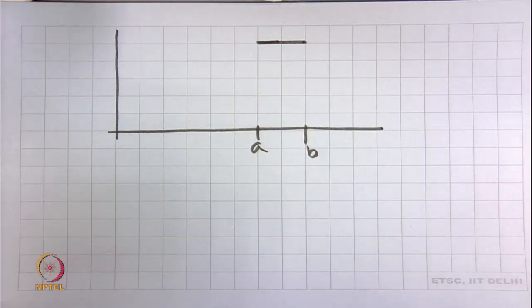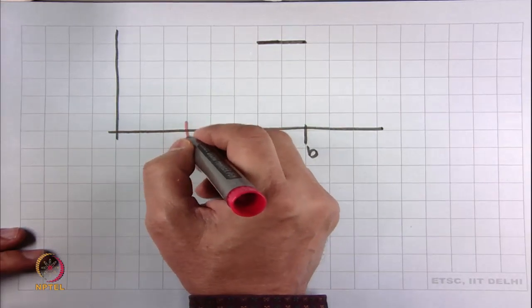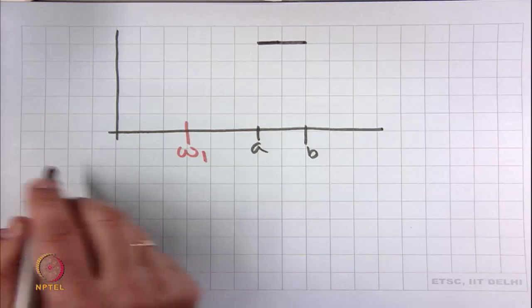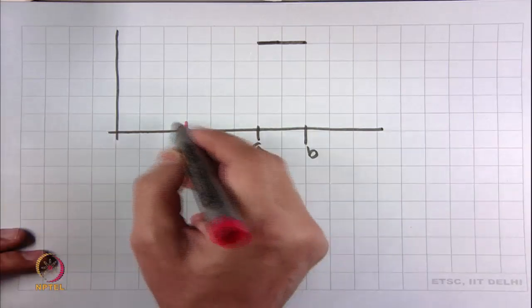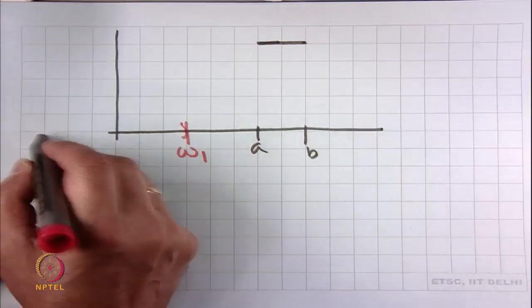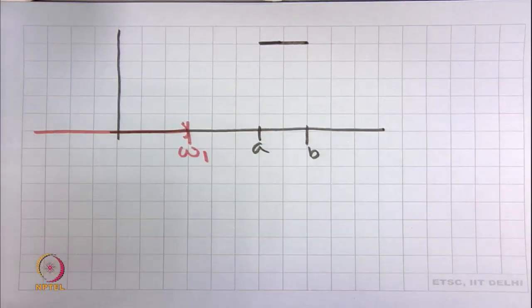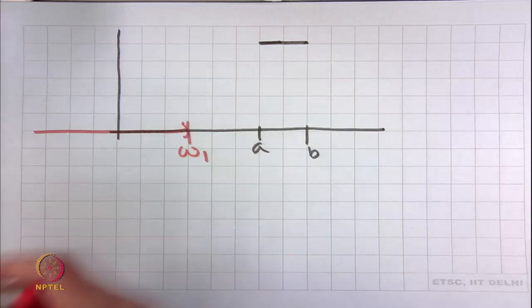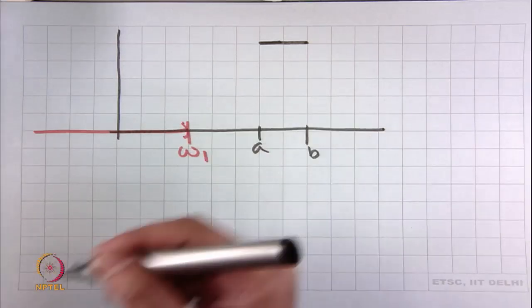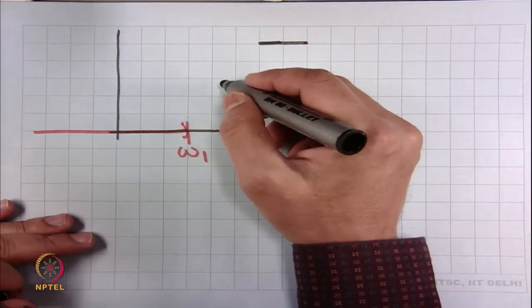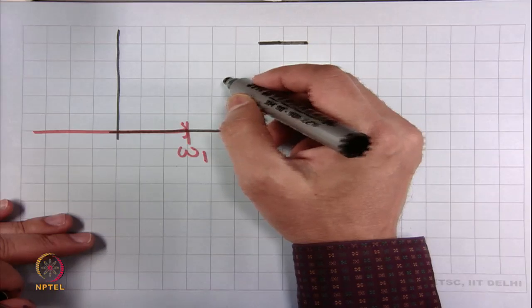There exists a point W1 such that from minus infinity to W1 the membership function is 0. In between it is a monotonically non decreasing function. That function need not be continuous.